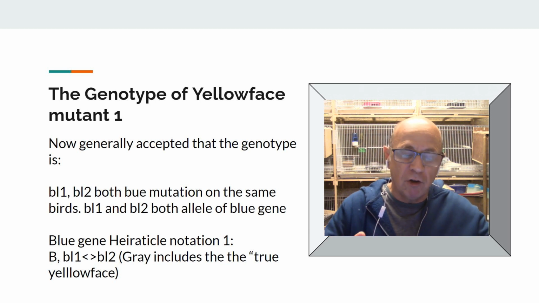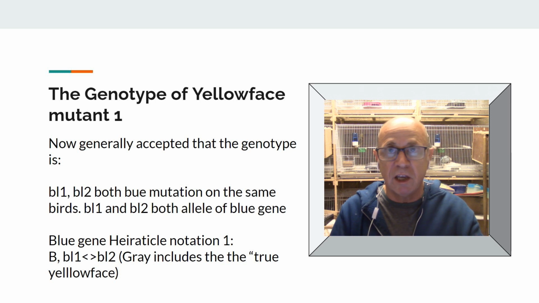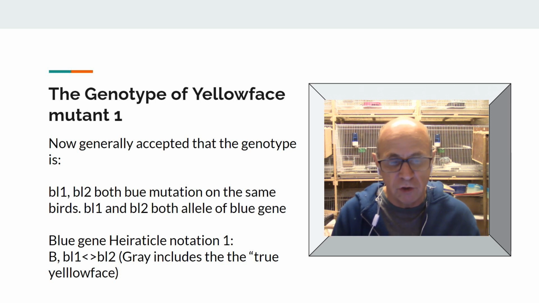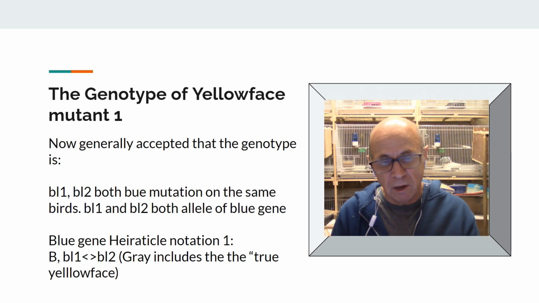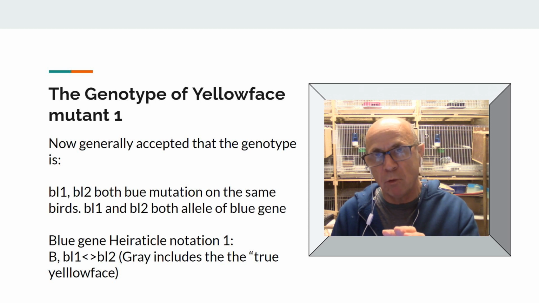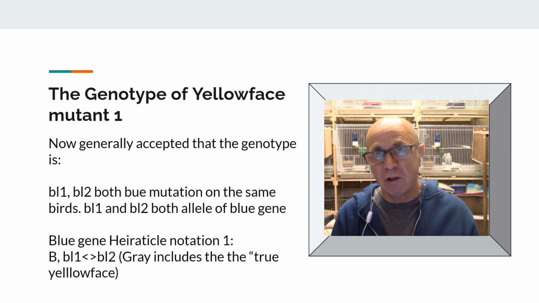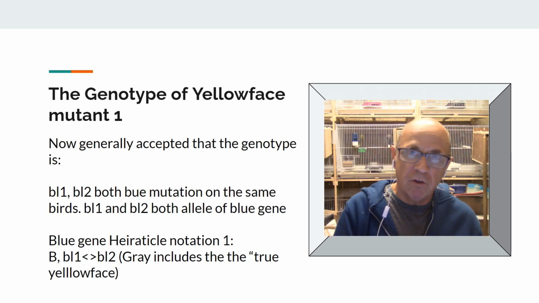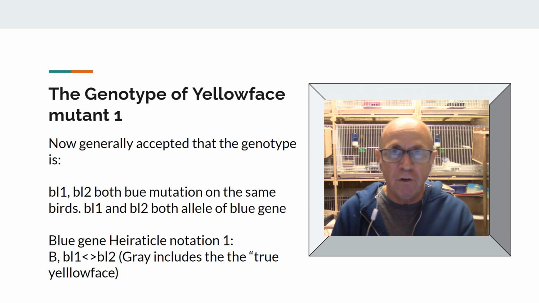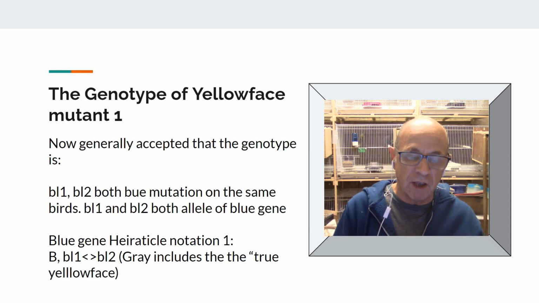We'll begin now to look at the blue gene hierarchical notation as we did before for the dilute gene. So we've got the non-mutated blue, which is the dominant variety, and then we've got BL1 and BL2, which are both recessive to the non-mutated gene.